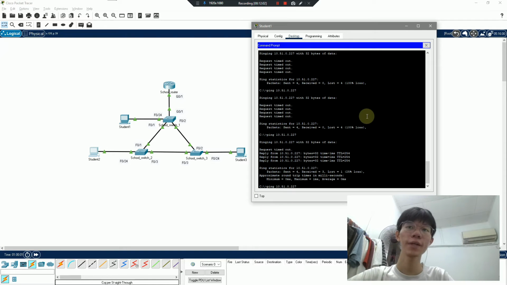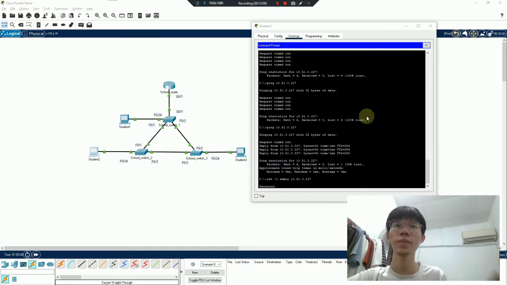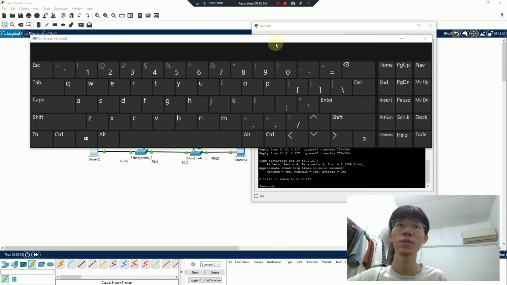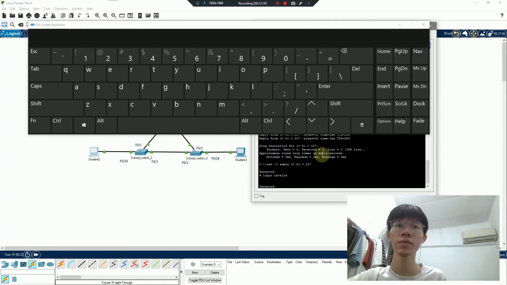Okay, so next to the switch 2. So required for the password is the password. And the password is SSWD. Enter.